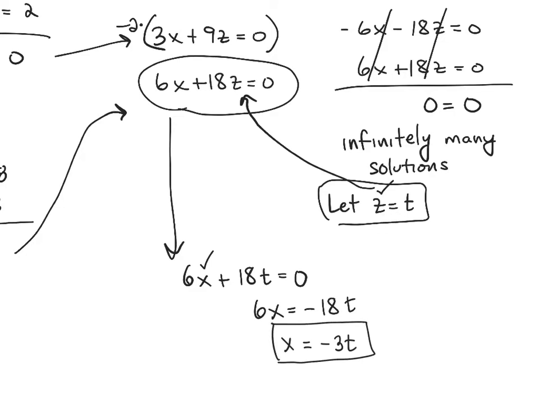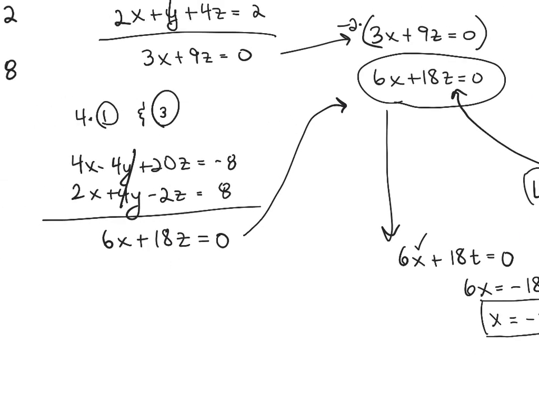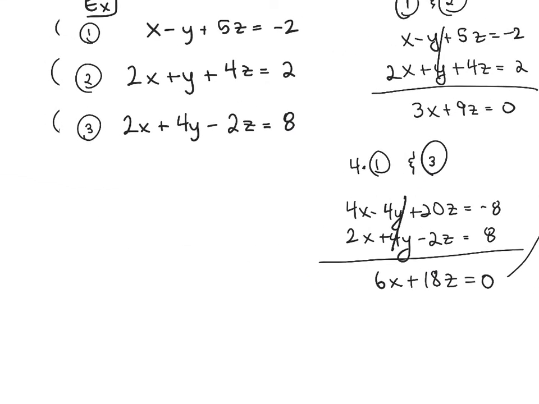So there's the value for x. Here's the value for z. So we now know the values of x and z. What we're missing is y, so we need to go to one of the original equations and solve for y.